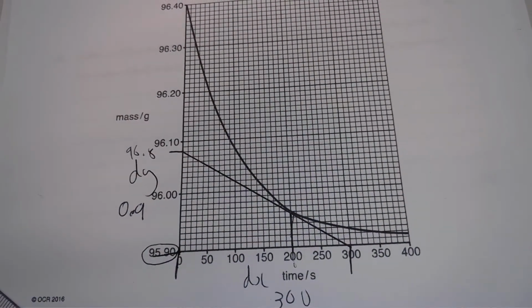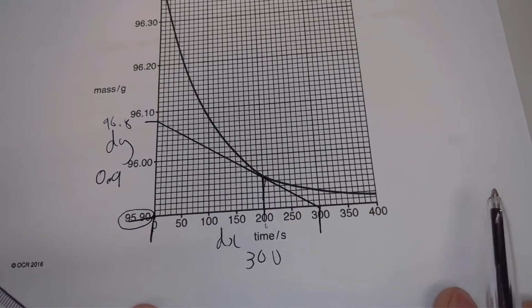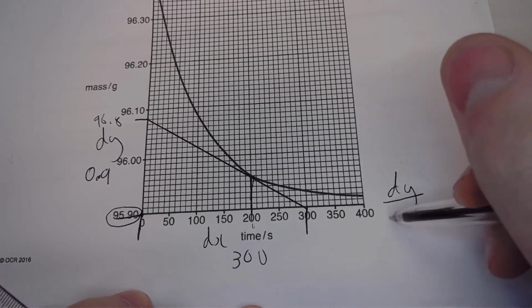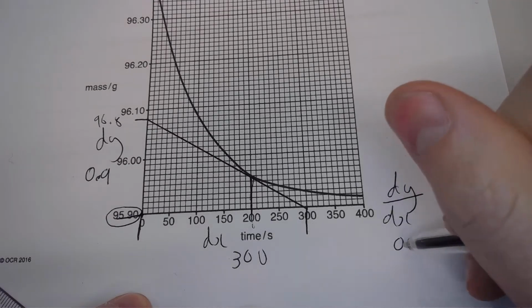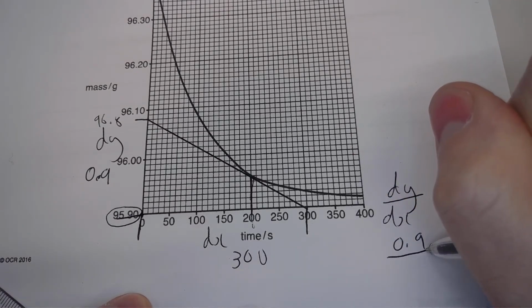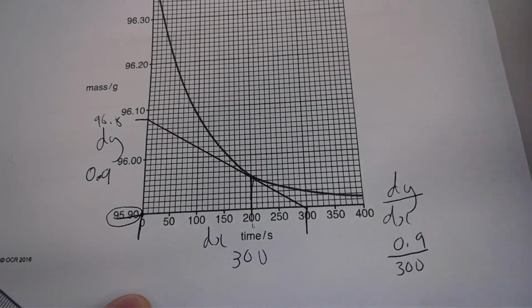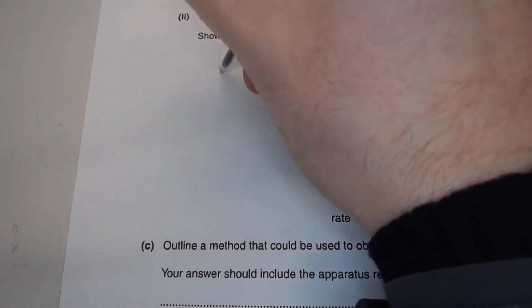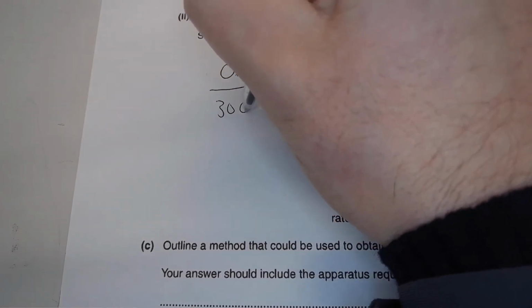Okay, that's my dy. So now I'm going to do dy over dx, which would be 0.9 over 300. Okay, so that's what we're going to put here: 0.9, which is my grams, over 300, which is my seconds.